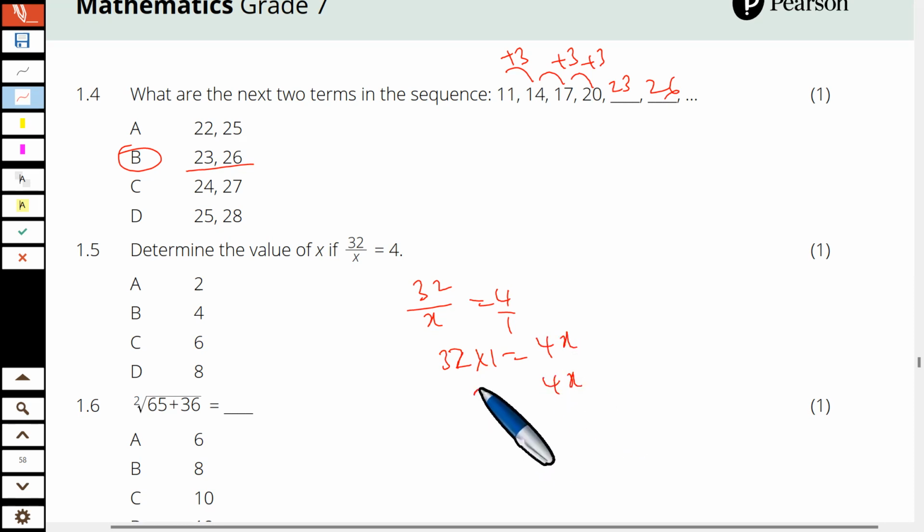When you have 4x and 32, you divide the left by 4, the right by 4. 32 divided by 4 is actually what in 1.5? It's 8. So the answer is D, 8.